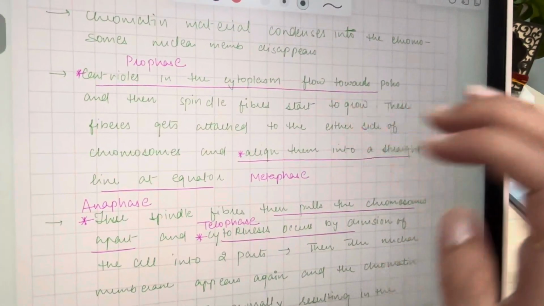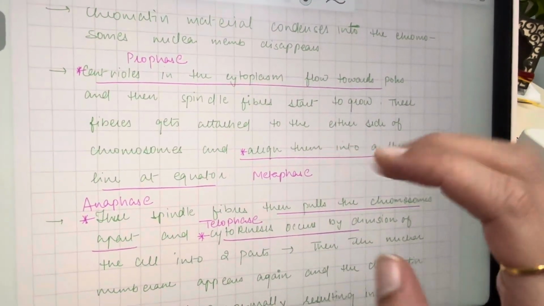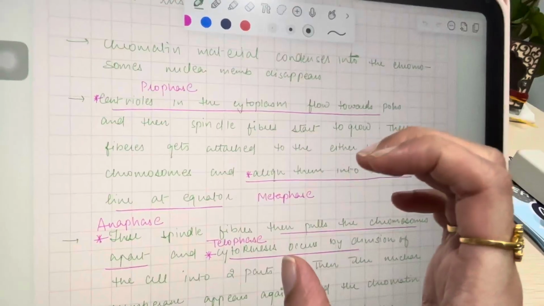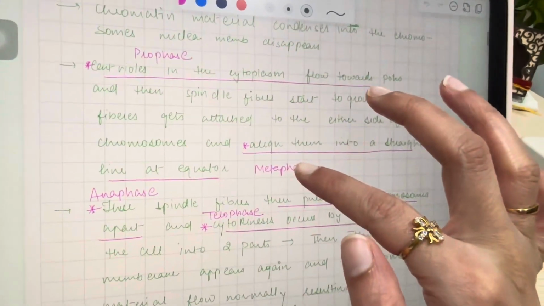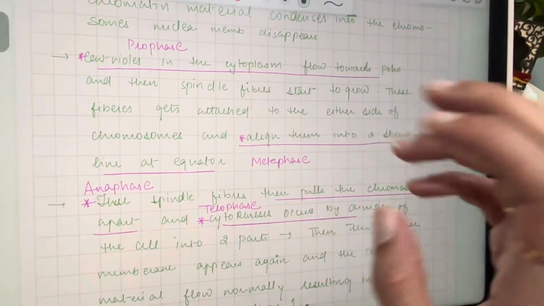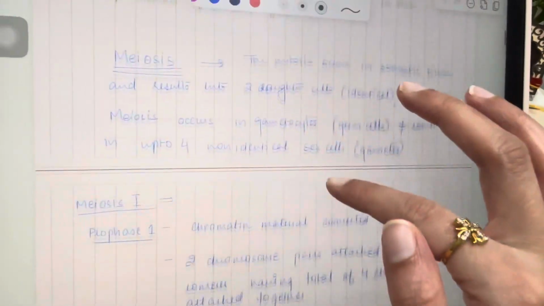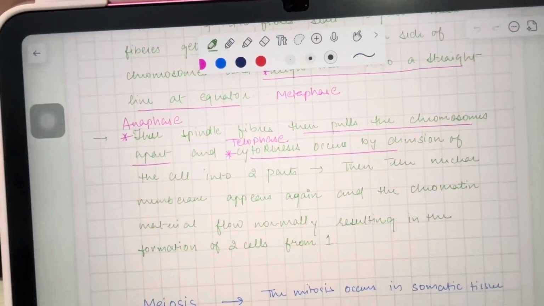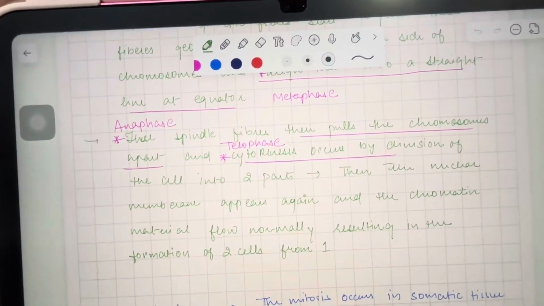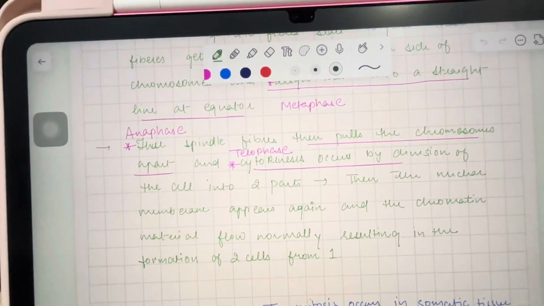Then at the middle of the cell, the breakage happens, and the cell will start to squeeze down and slowly get separated and become two different cells. So during this process, duplication of the material happens.